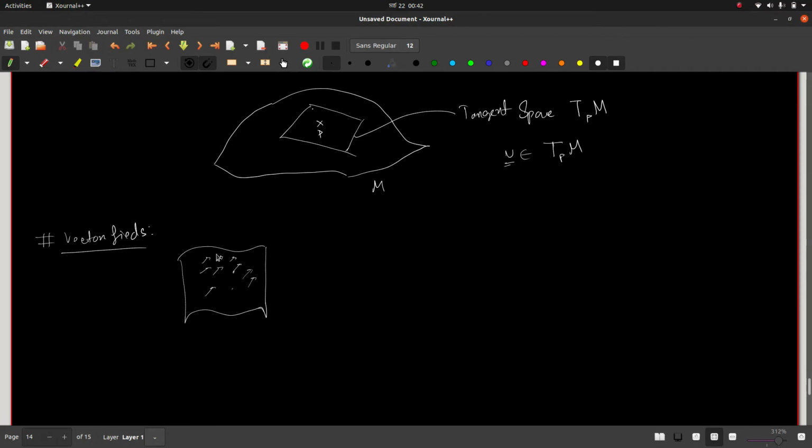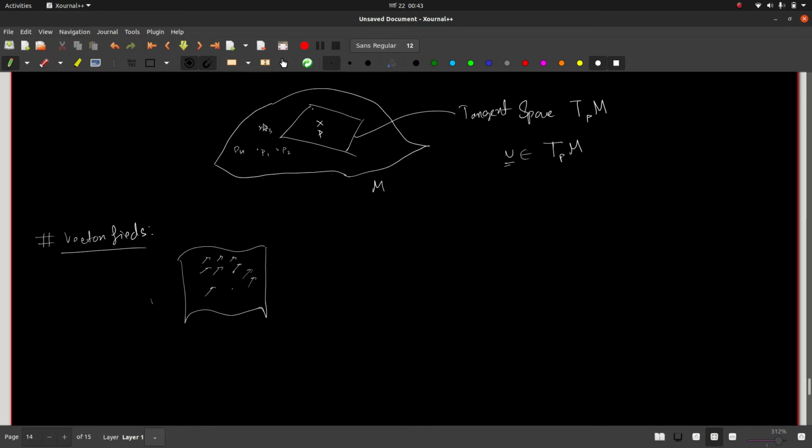Now think of this idea in terms of this manifold language. To define vectors at every point on this manifold, that means on the tangent spaces, you will need all the copies of the tangent spaces of all the points in this manifold. So here, for example, we have only one point, but there will be other points, let's say P1, P2, P3, P4, and all of these points will carry a tangent space of their own.